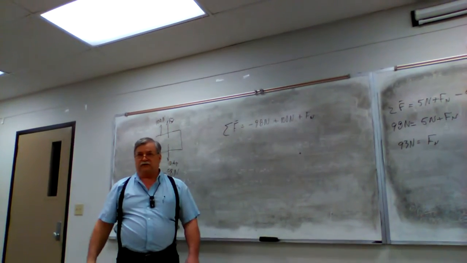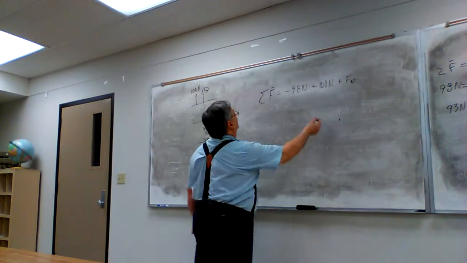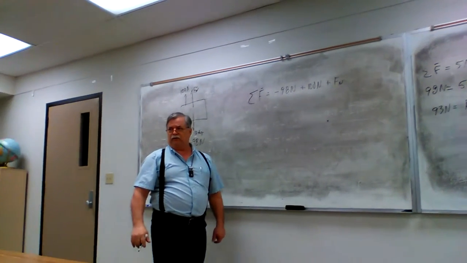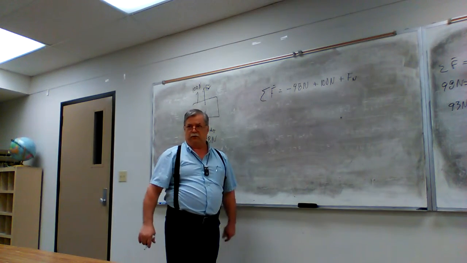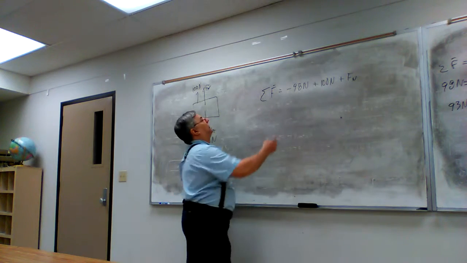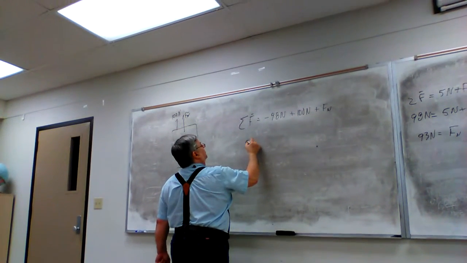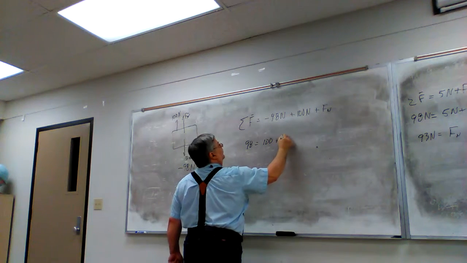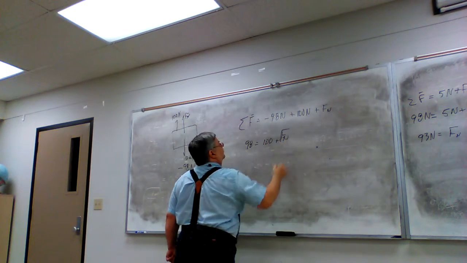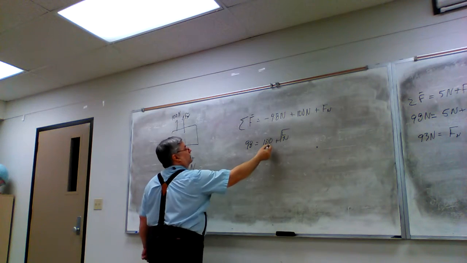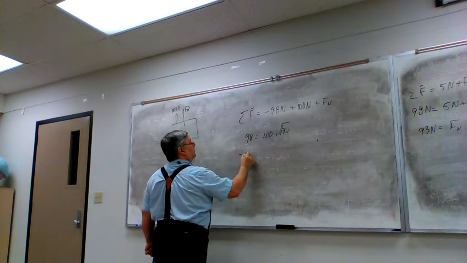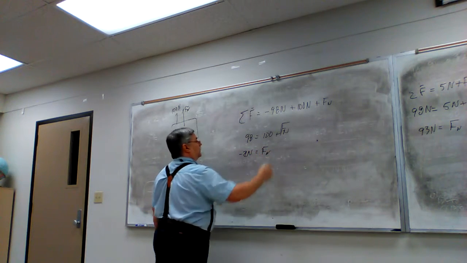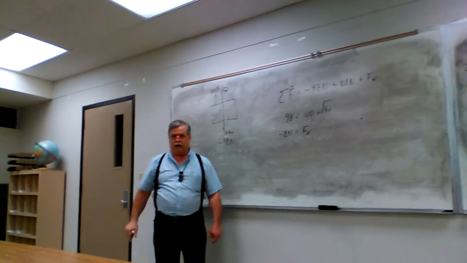So start by solving for the normal force. Well, if we assume that there is a normal force, then that means the box is still resting on the table, motionless. So we add 98 to both sides. Now we subtract 100. And we get a negative normal force, which cannot happen.